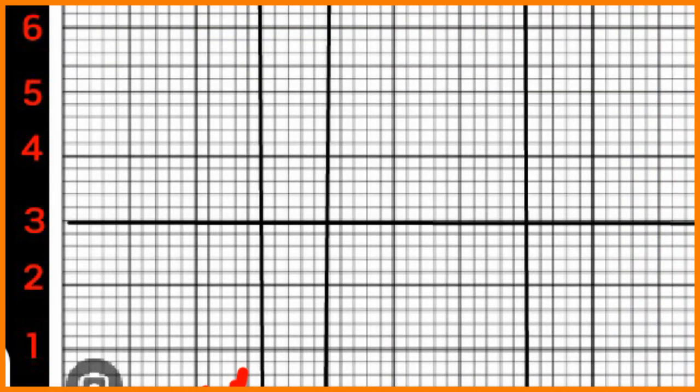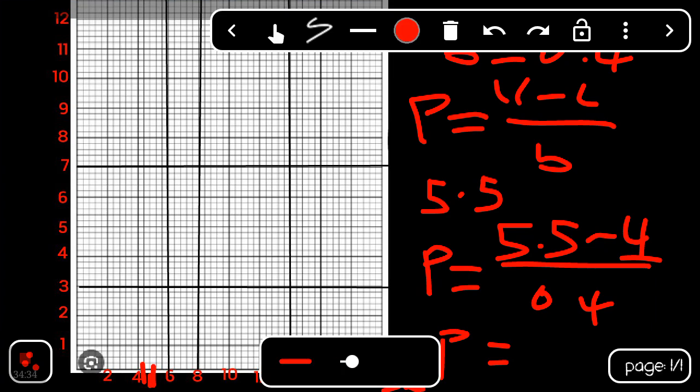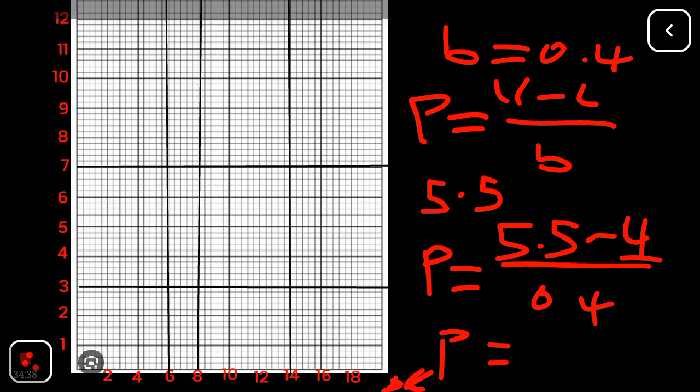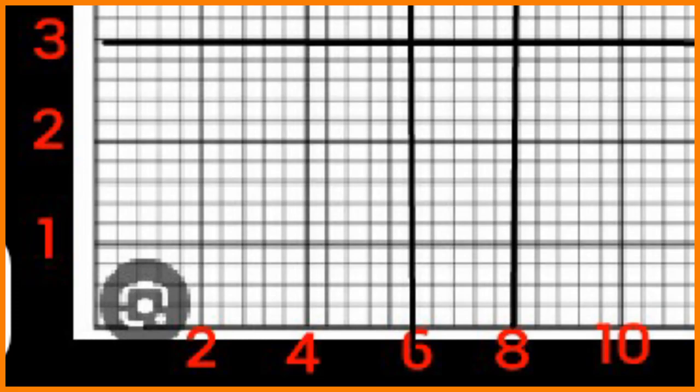I'm zooming in. Let me clean it and do it again. So here it is. Now I have 3.75, right? So this is 1, this is 2, this is 3, and it's still on this.